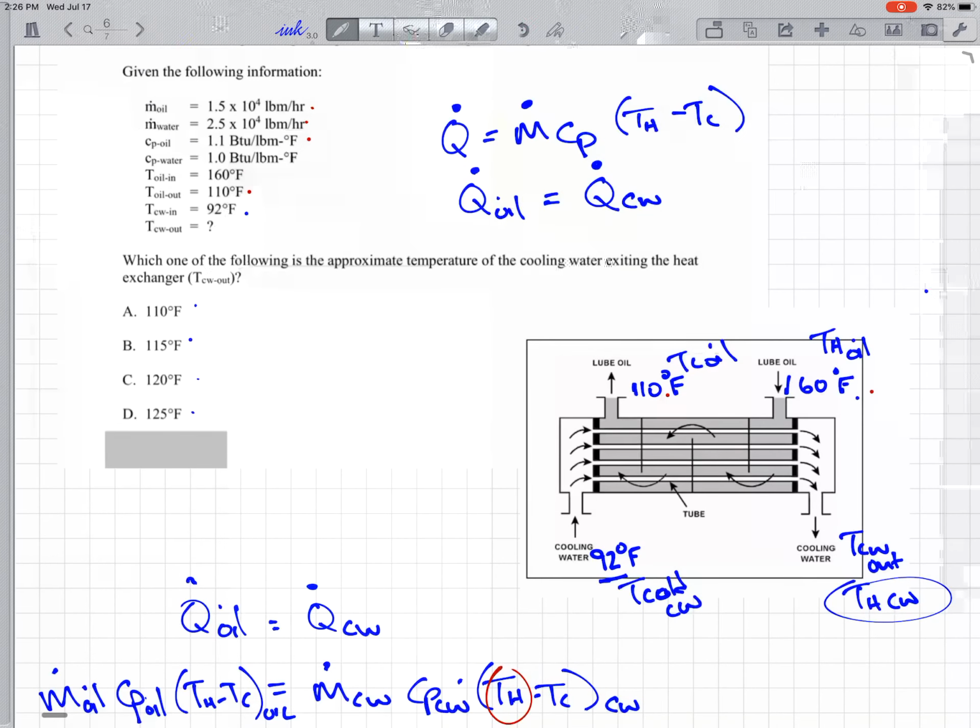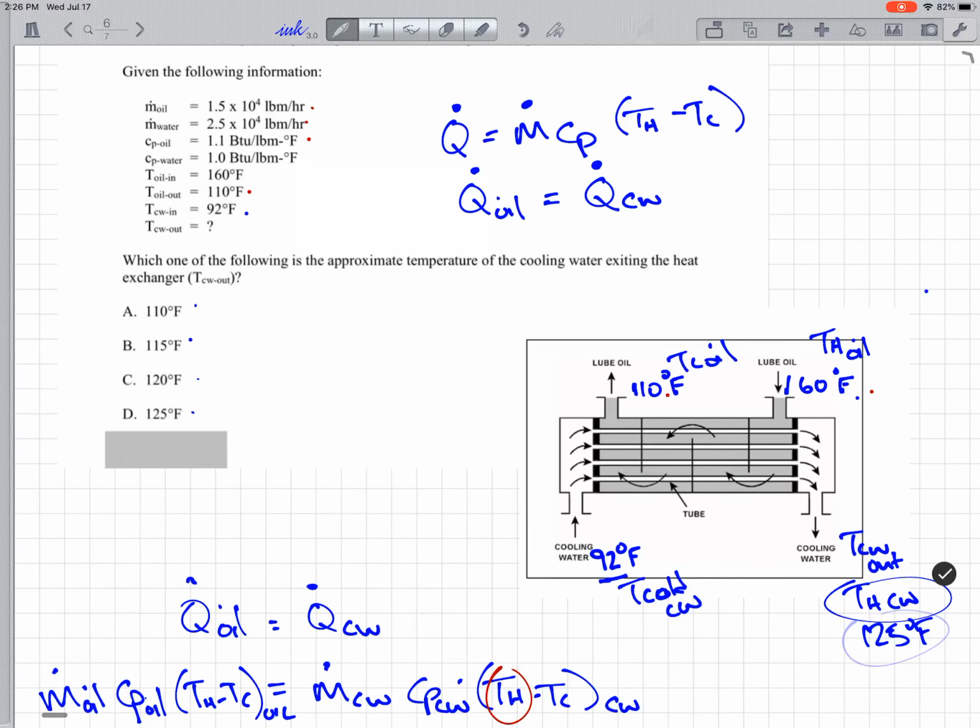All right, so what I want you to get out of me working this: one, I want you writing these numbers down. You've got hot oil coming in, cold oil coming out, cold water going in, hot water coming out. Does 125 degrees right here make sense?